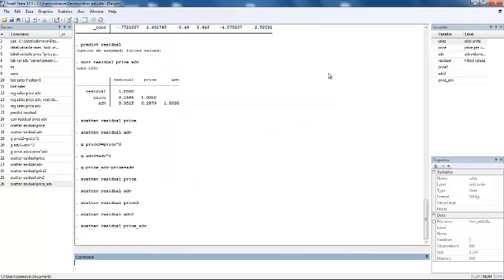To get a clearer picture of this relationship, we can plot the squared residual against the independent variables. But before being able to plot them, we have to generate the squared term of the residual.